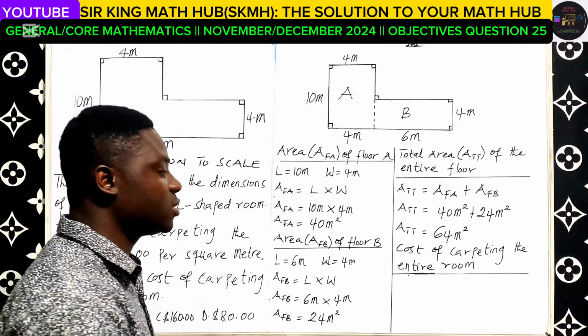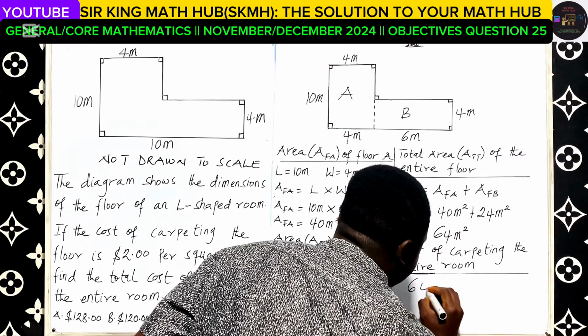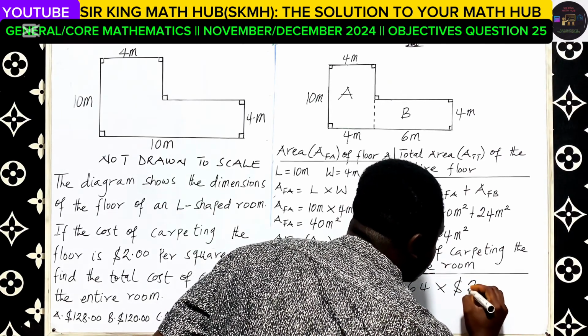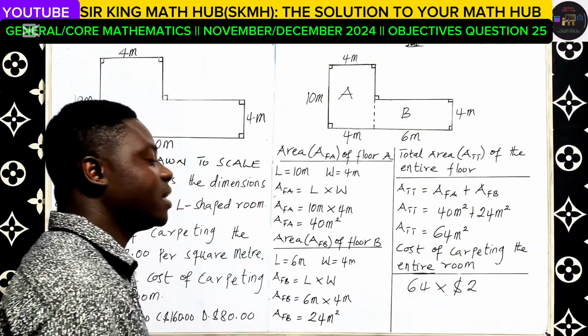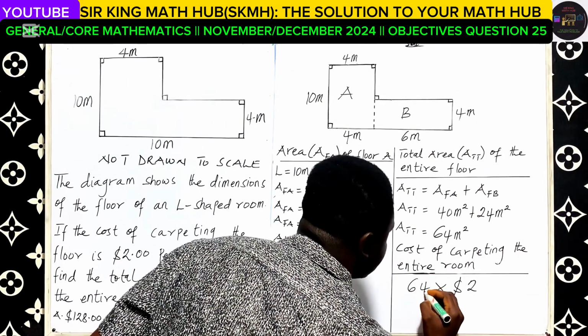So what will be the cost? The cost will be the area multiplied by $2. What is 64 multiplied by $2?